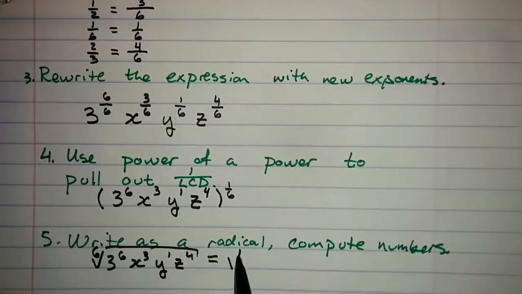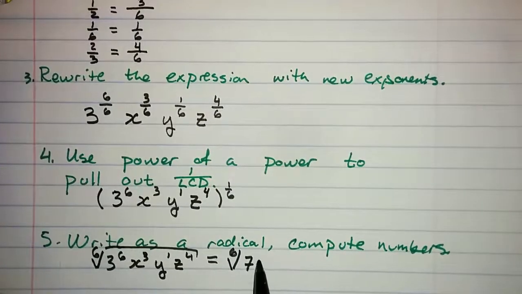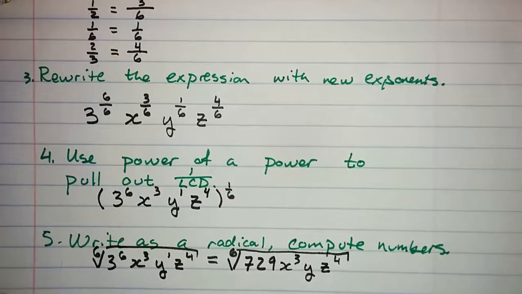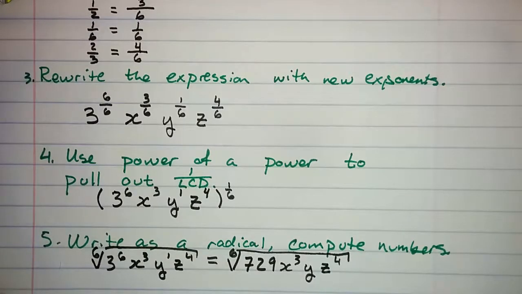So that'll be the 6th root, 729, x cubed, y, z to the 4th. And we're finished. I'm going to give you one of these to try as well.